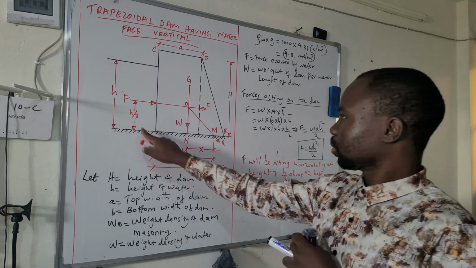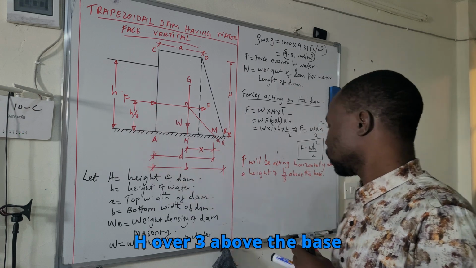So it is acting h over 3 above the base.